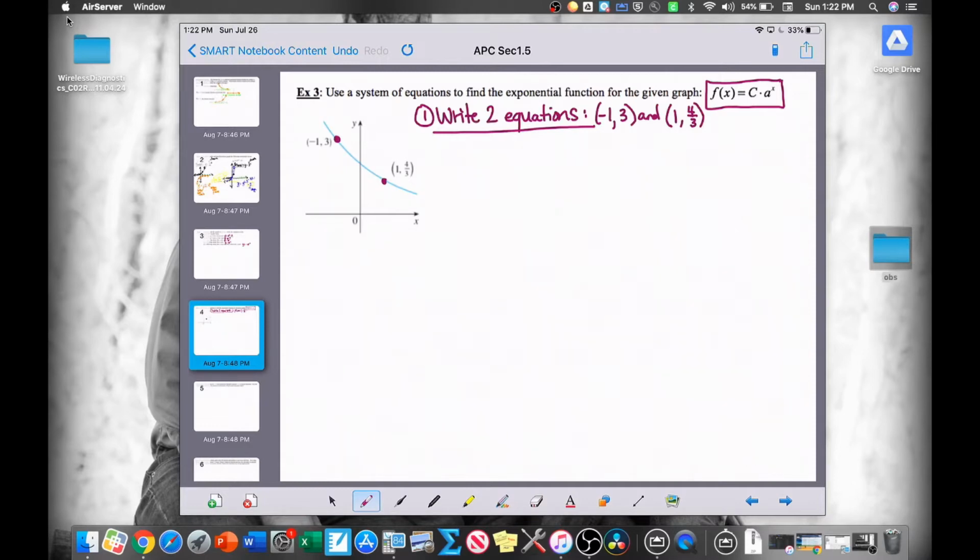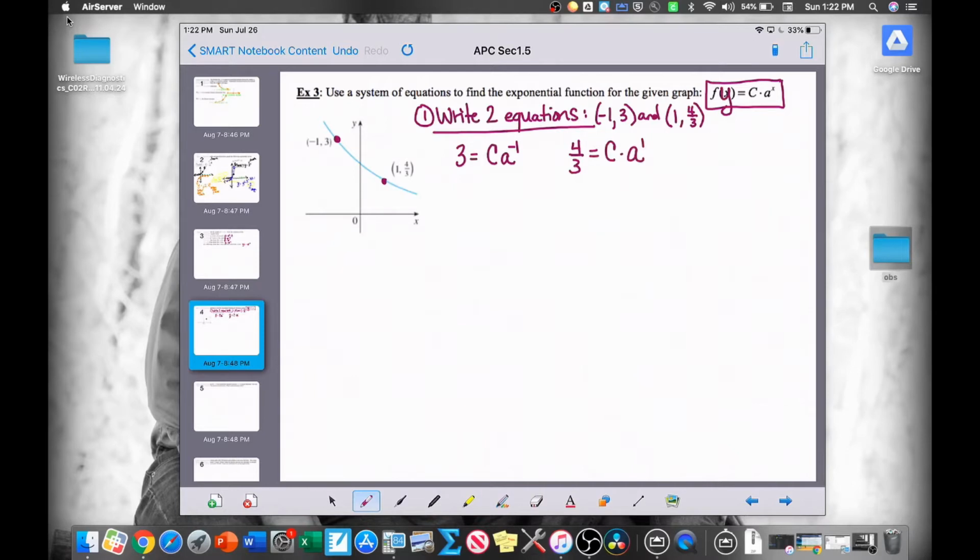Remember, f of x is the same as y. So my first equation is going to be 3 equals c times a to the negative 1. My second equation comes from the second ordered pair. That's going to be 4/3 equals c times a to the first.